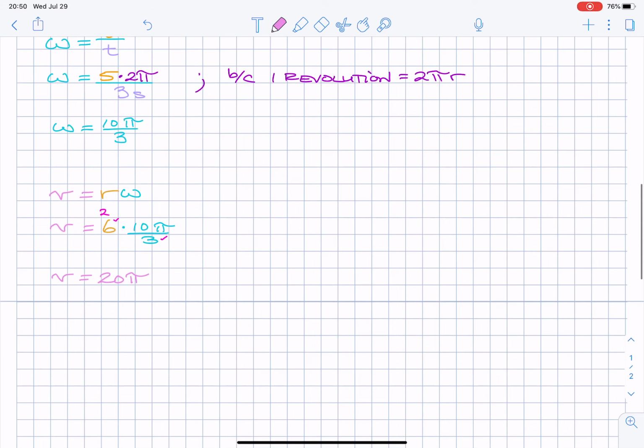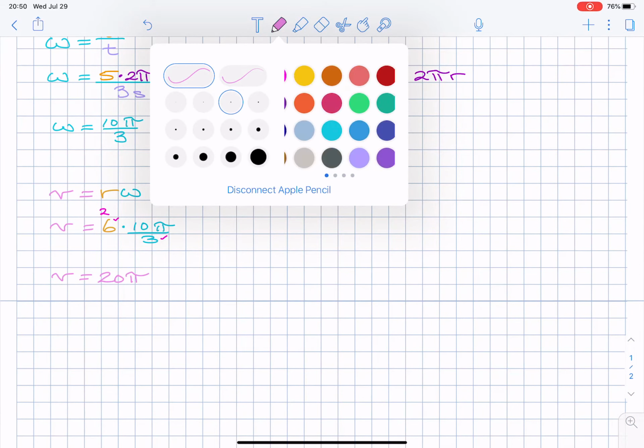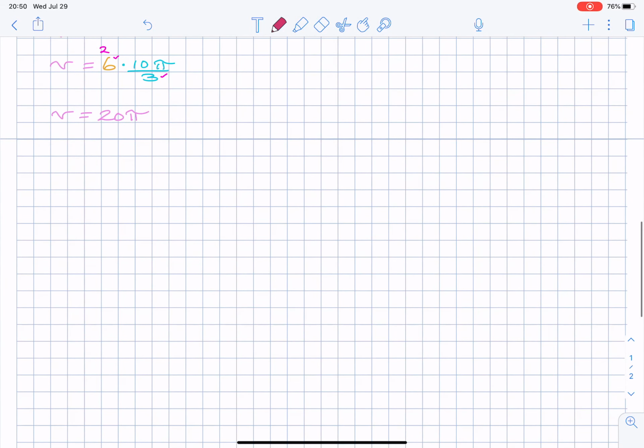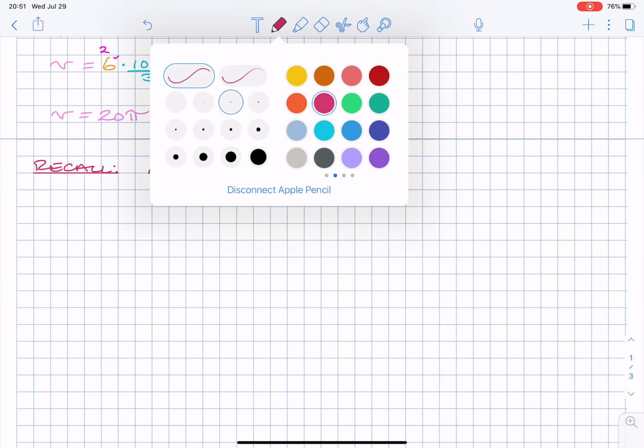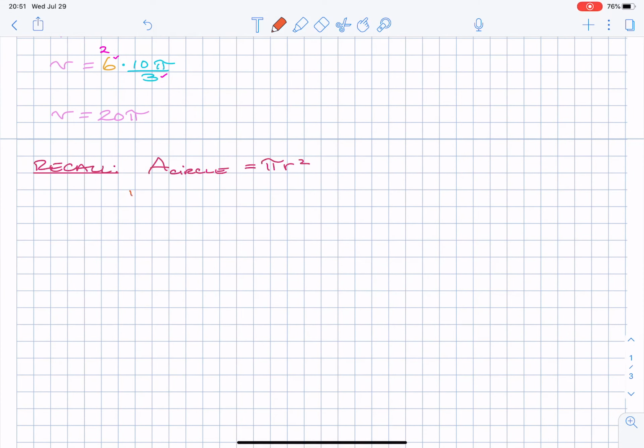I'm not a big fan of applied stuff, so let's go back to theory, shall we? Okay, so let's recall. What's the area of a circle? The area of a circle is pi r squared, right? Pi times radius squared. Okay, and what about 1/2 the area of a circle? Well, I could just take the right-hand side and divide it by 2.